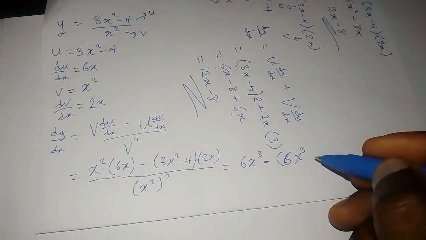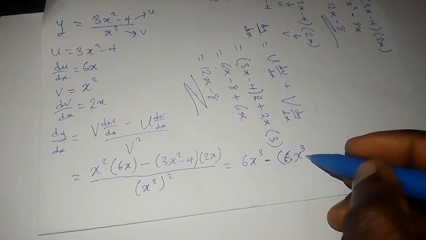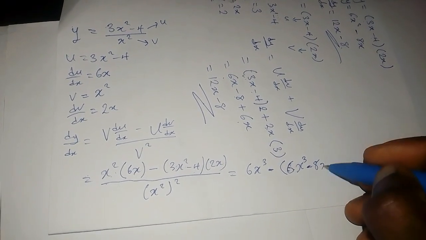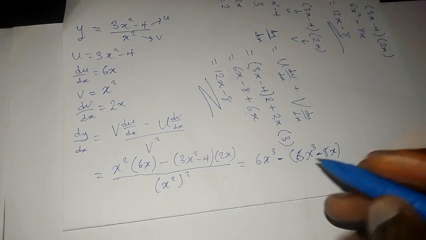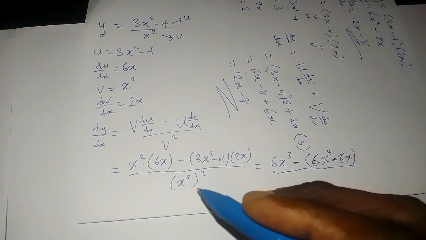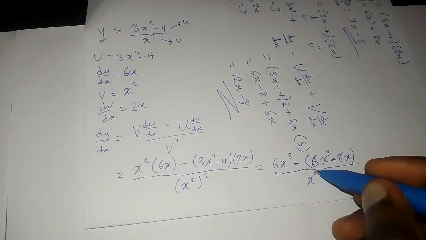Yes, and from here let's finish it. 2 times minus 4, that's minus 8x, then we close the bracket. Everything here divided by 2 times 2 is 4 from the law of indices, that's x raised to power 4.